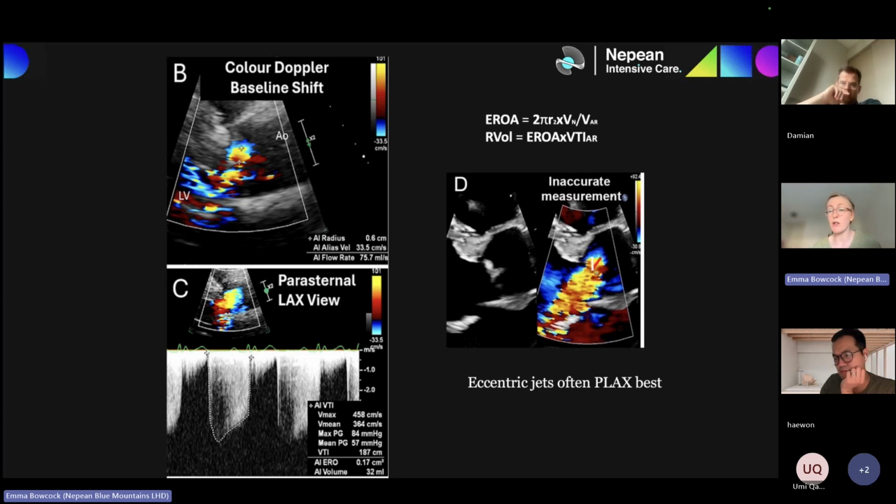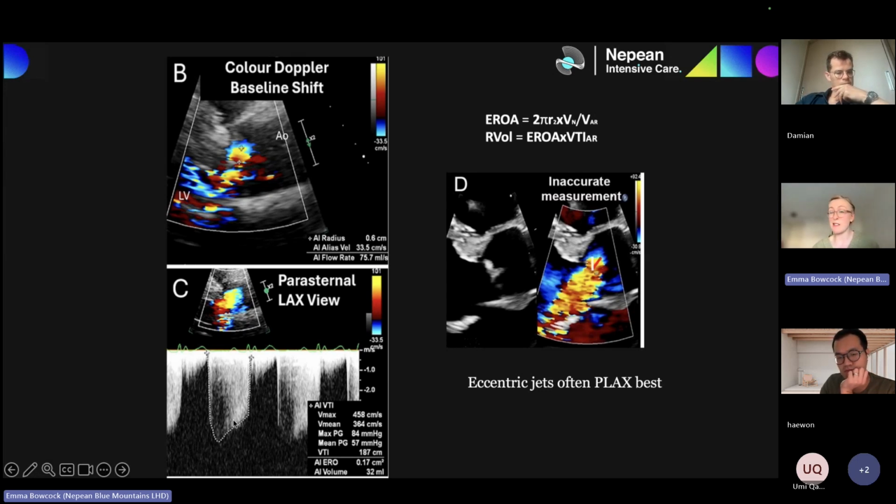If you have calculators, you might want to do it yourself. So I do 75 divided by the velocity of the AR, and I get the velocity of the AR by doing continuous wave, tracing it out and using my Vmax.